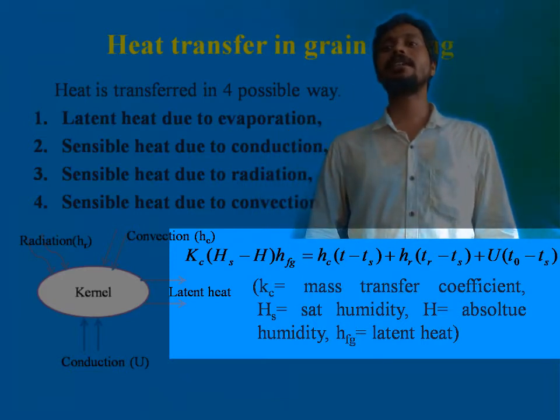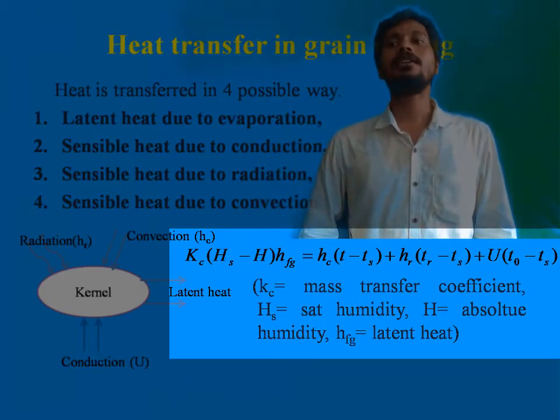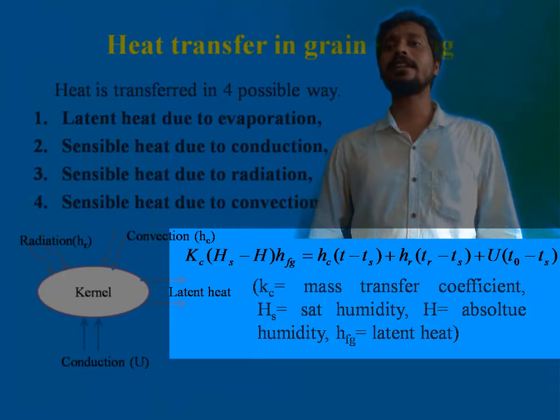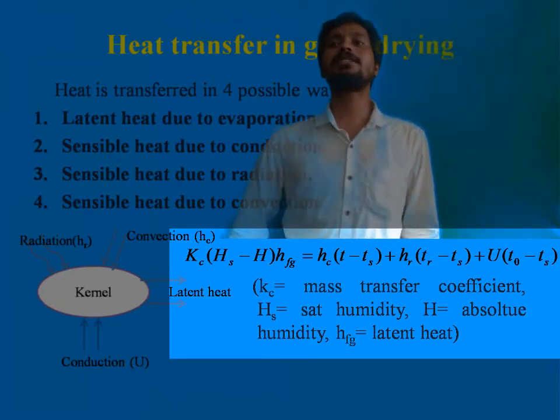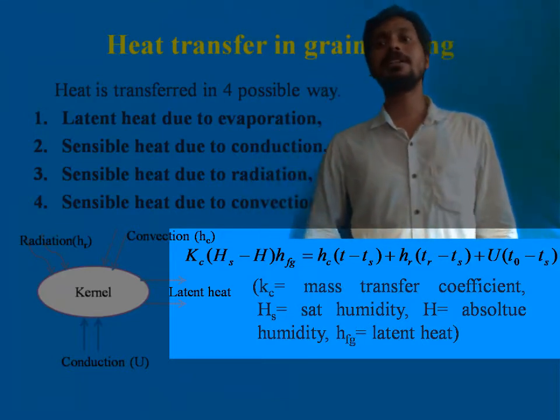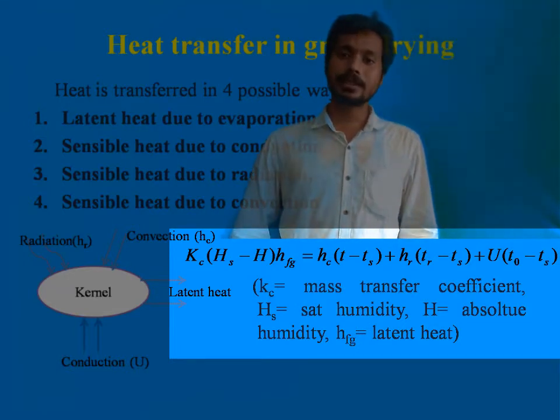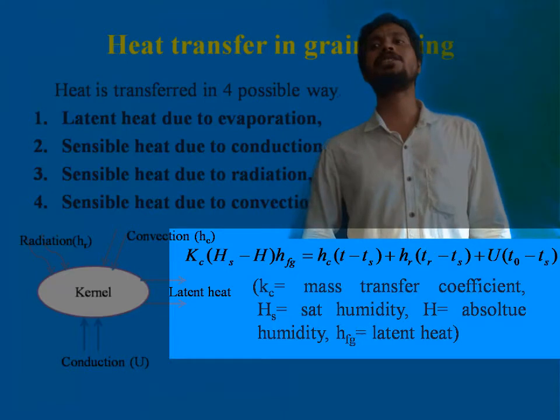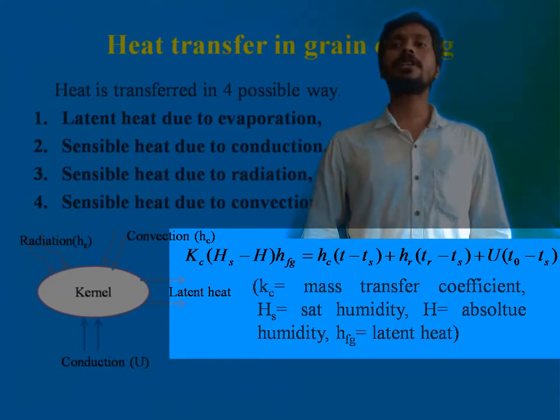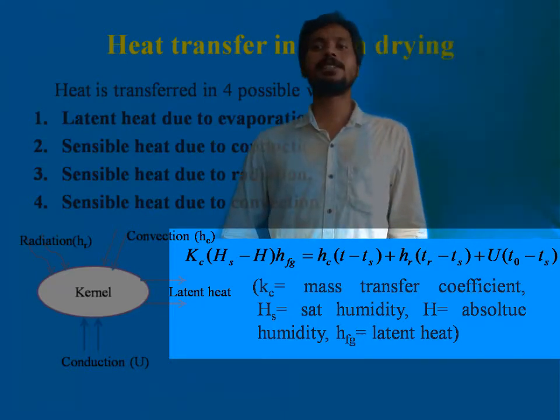On the right hand side, the first component is the sensible heat due to conduction, the second component is sensible heat due to radiation, and the third component is sensible heat due to convection.